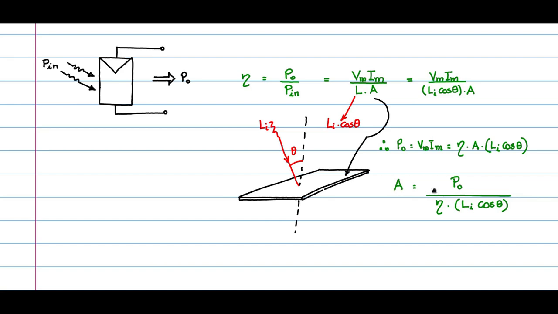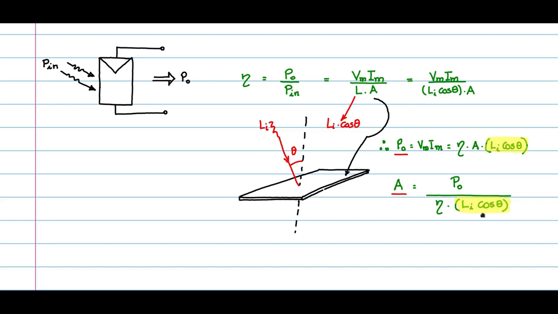And likewise, more the load power, higher should be the area of the panel. So we see that both the load power and the area of the panel that we need to choose are dependent on the incident insolation.